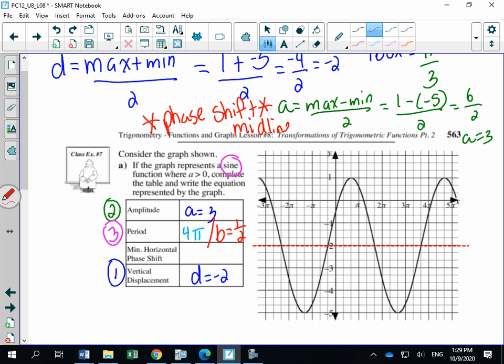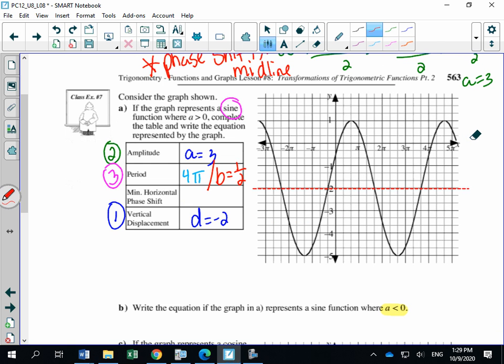Okay, so my original sine graph starts at 0. And then it moved now over to here.